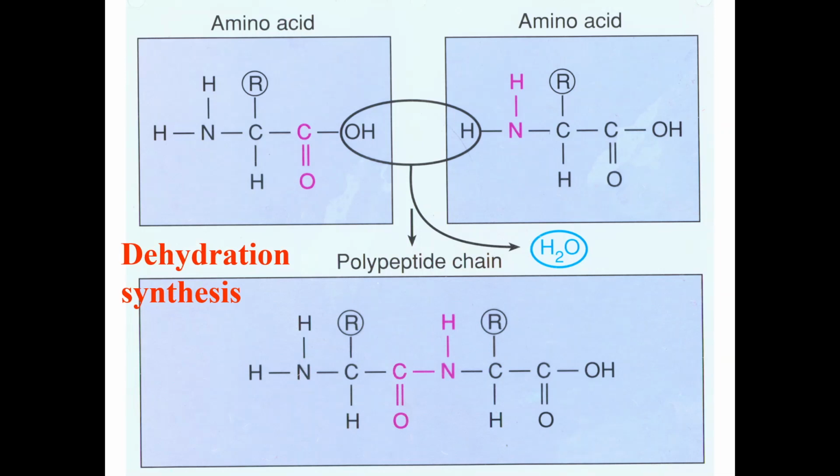And once again, how do we make that? Well, with dehydration synthesis. That's getting rid of the water to form a bond. And so these amino acids form this polypeptide chain right here.